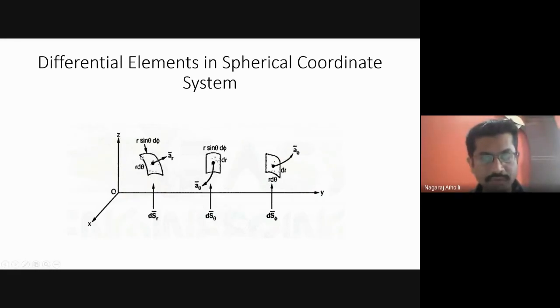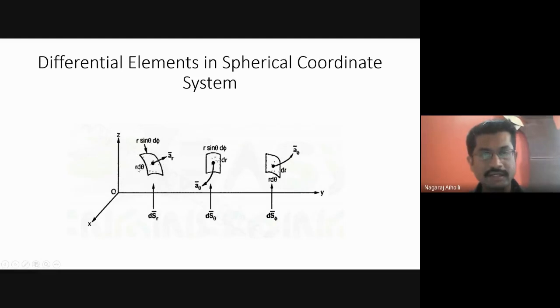For the direction normal to a r bar, we get the vector ds r bar. Its magnitude is length into breadth, r d theta into r sine theta d phi, that is r squared sine theta d theta d phi.